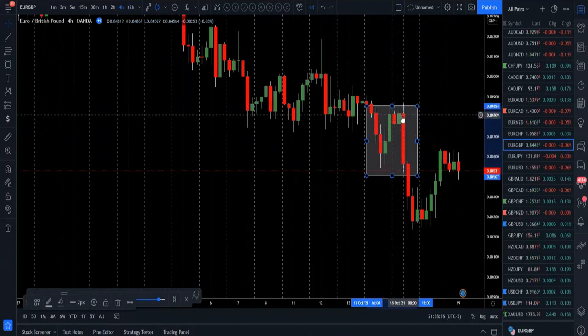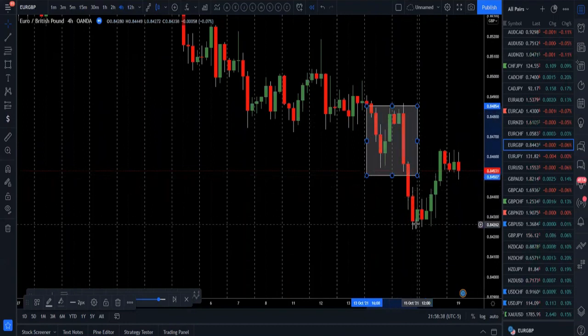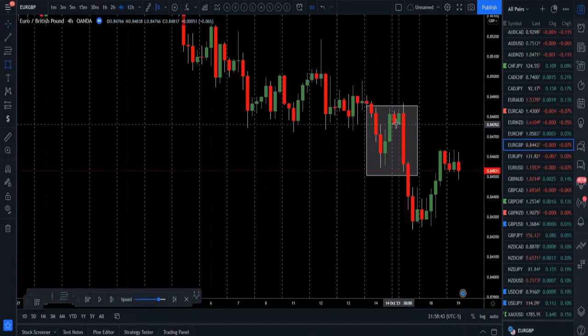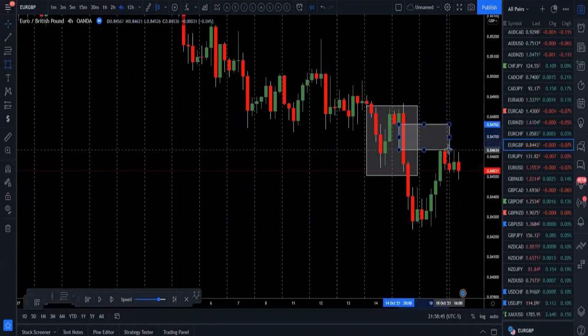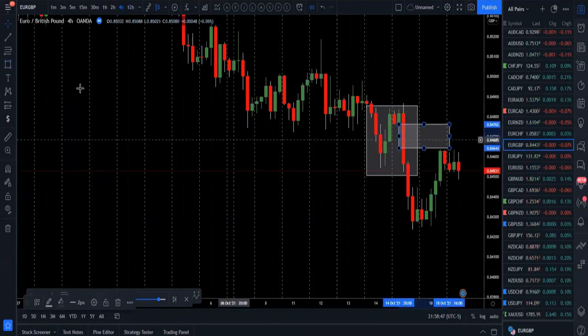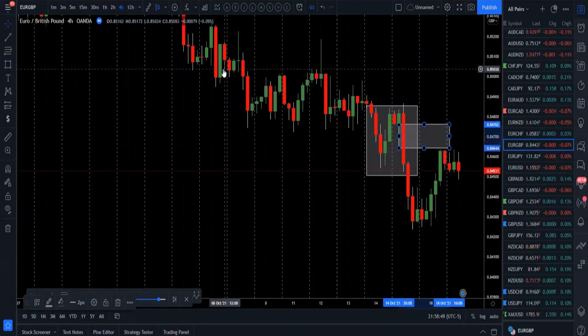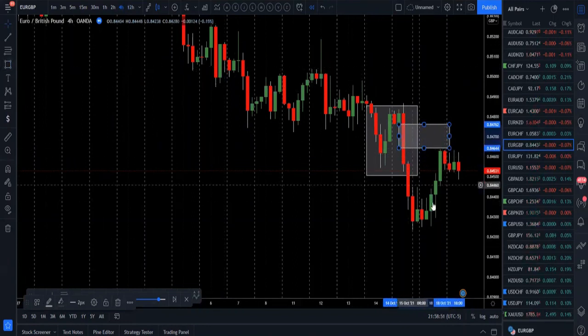So price moves down without any sort of balance, creating this zone here, from here down to there, where price has now come back up, balanced some of it since then.